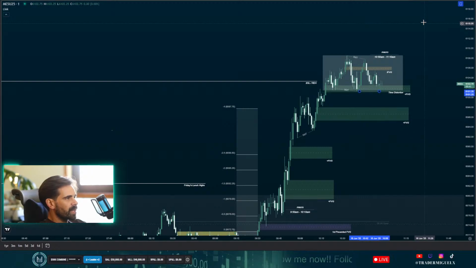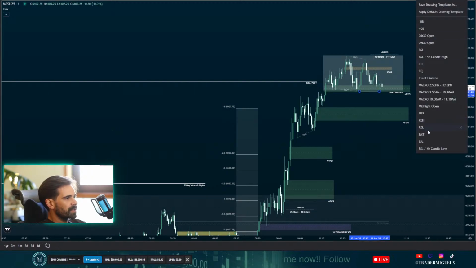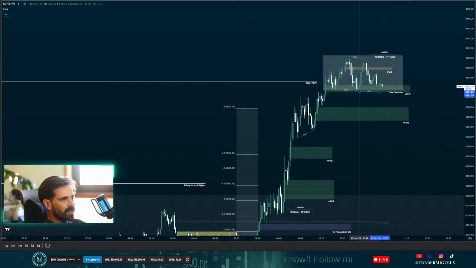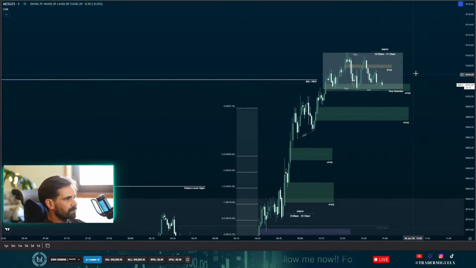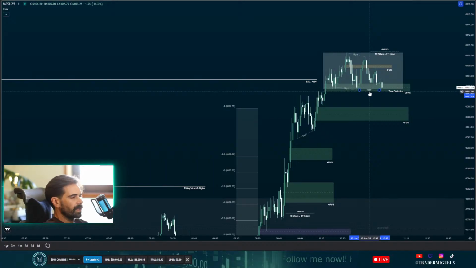At this point, we have another SMT here with NQ. NQ is cleaning lower sell side, while ES is still holding here. I don't think this SMT will stay for long, so yeah.